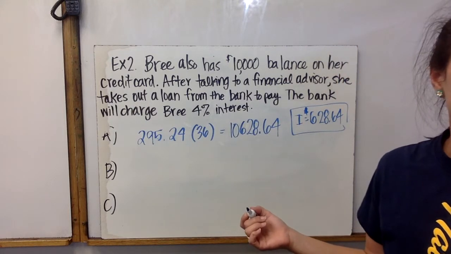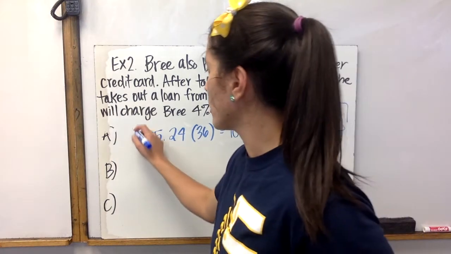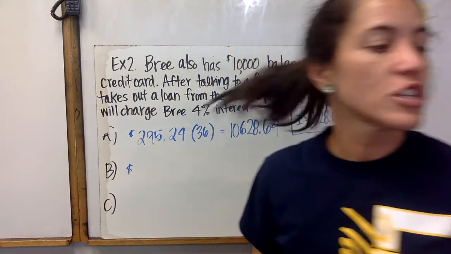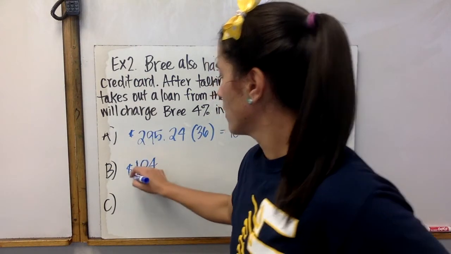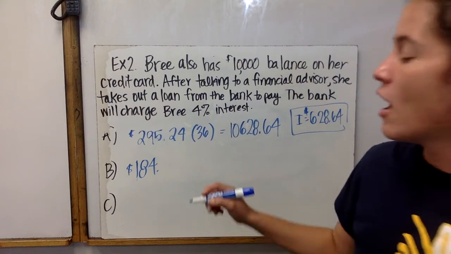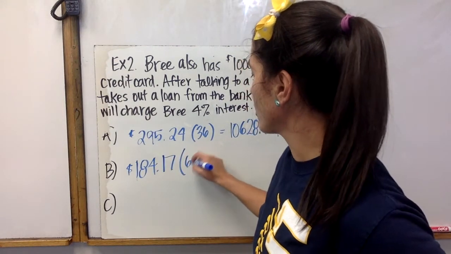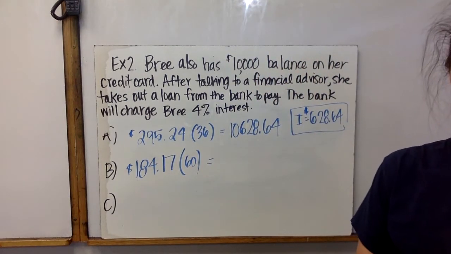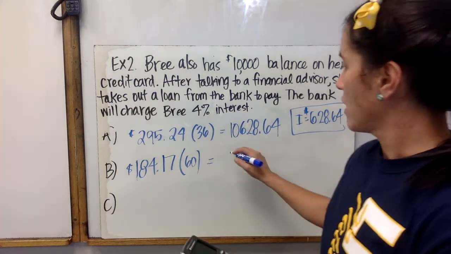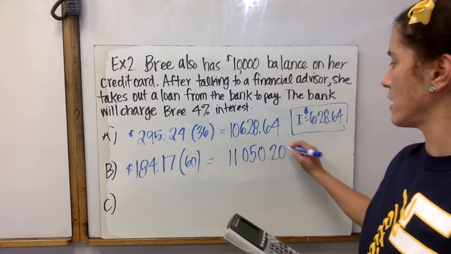Now for part B, Bree is going to change to 5 years. So in 5 years, she is only paying $184.17 for 5 years, which would be 60 months. 184 times 60 months is $11,050.20.